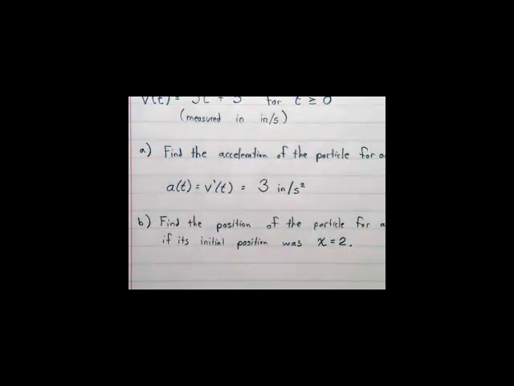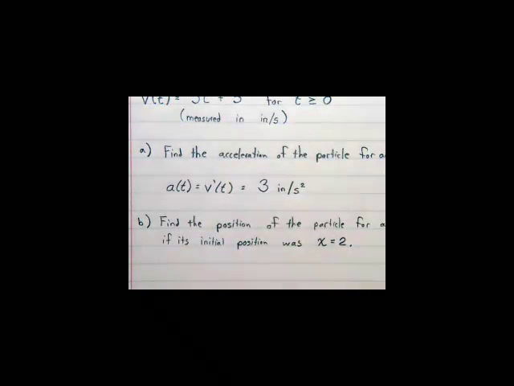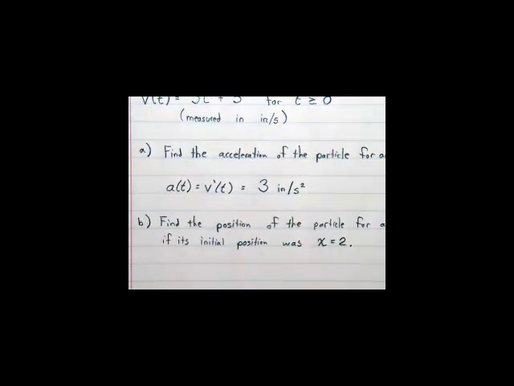Okay, so let's try going the other way with it then. Find the position of the particle for any time t if its initial position was at x equals 2. What do I have to do to work my way to a position equation from a velocity equation? Do the antiderivative, right.